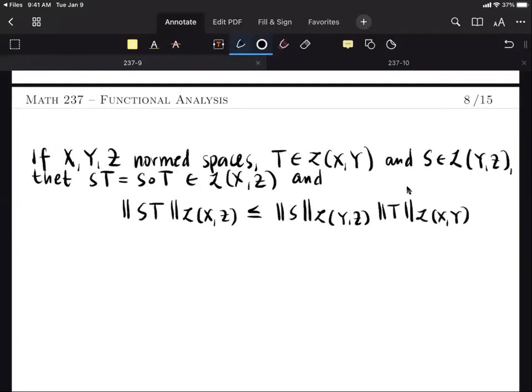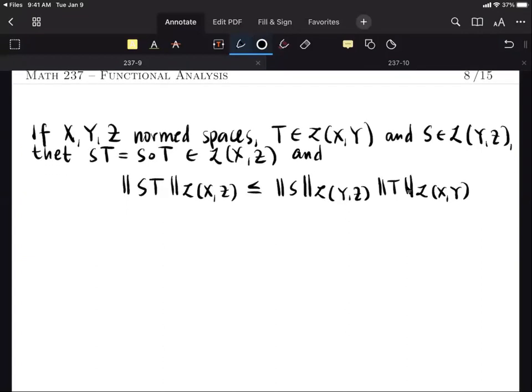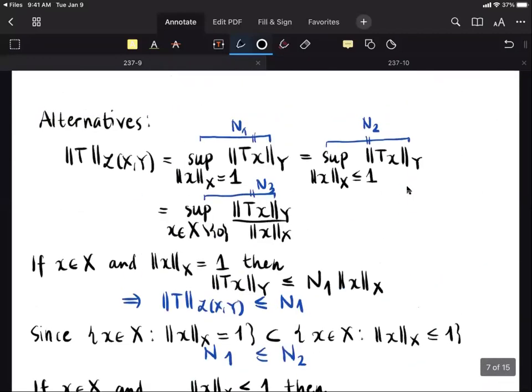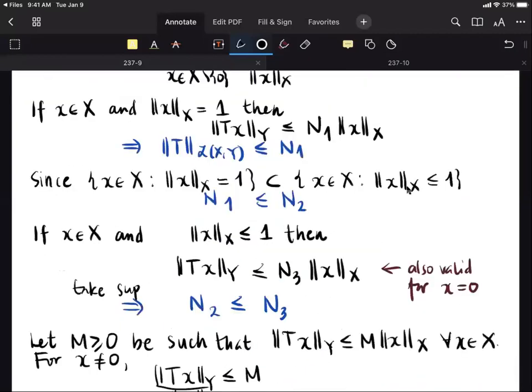Well, to see this, we can use N2 as an alternative definition for the norm.